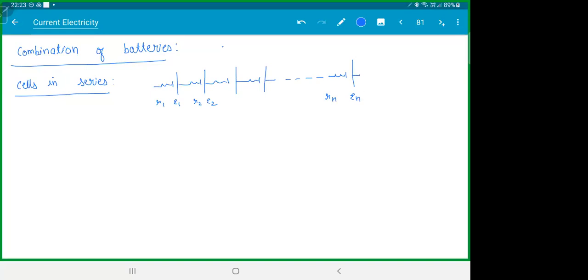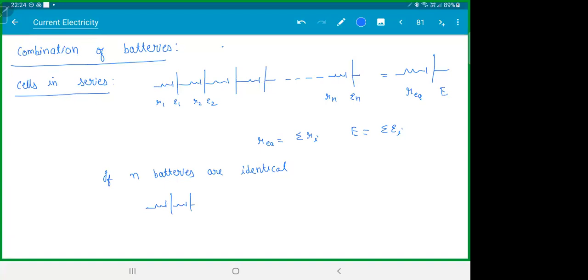So Rn, En, you can replace this with one single battery like this, R equivalent and E equivalent. You can just add up all of them. R equivalent will be sigma Ri and E will be sigma Ei. If n batteries are identical, then this whole setup will become NR and NE.